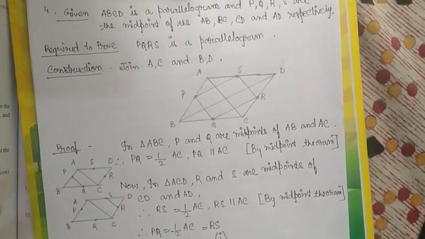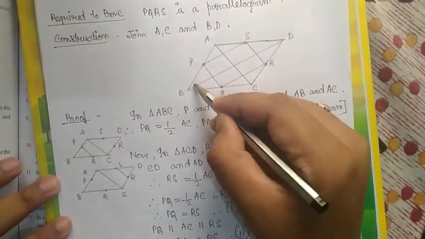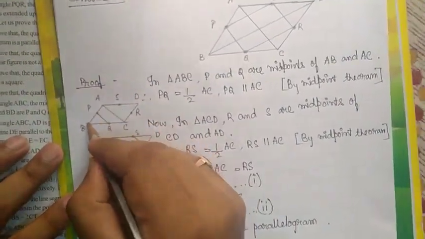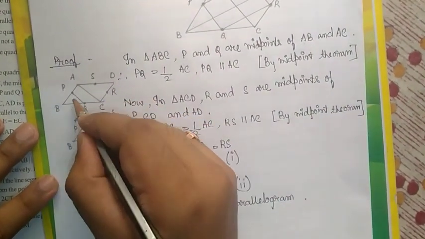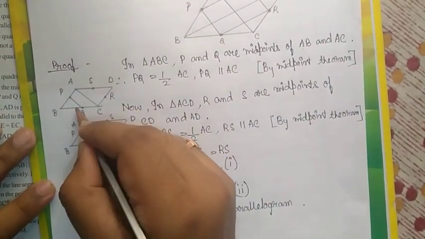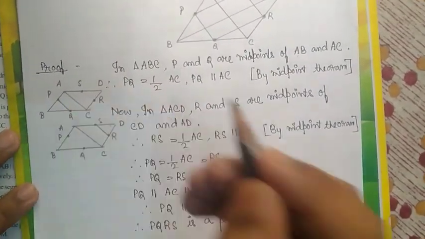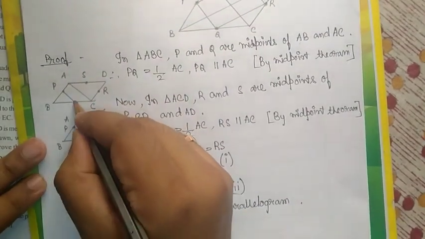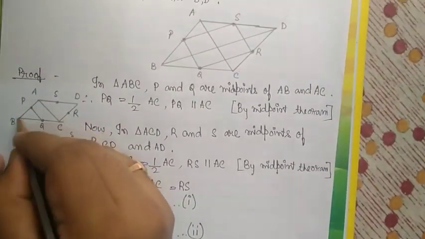Now in triangle ABC, this is the same parallelogram, and I don't draw the PQRS parallelogram and the BD diagonal. So in triangle ABC, Q is the midpoint of BC and P is the midpoint of AB.